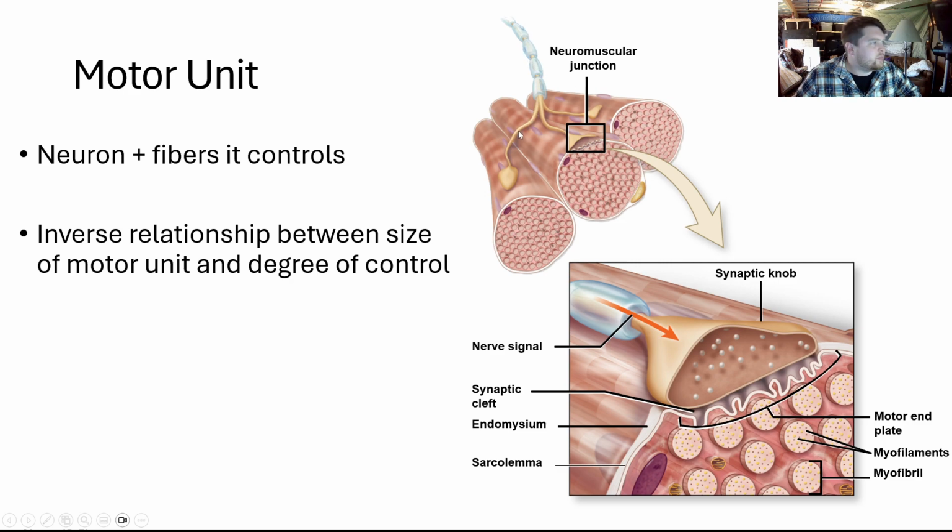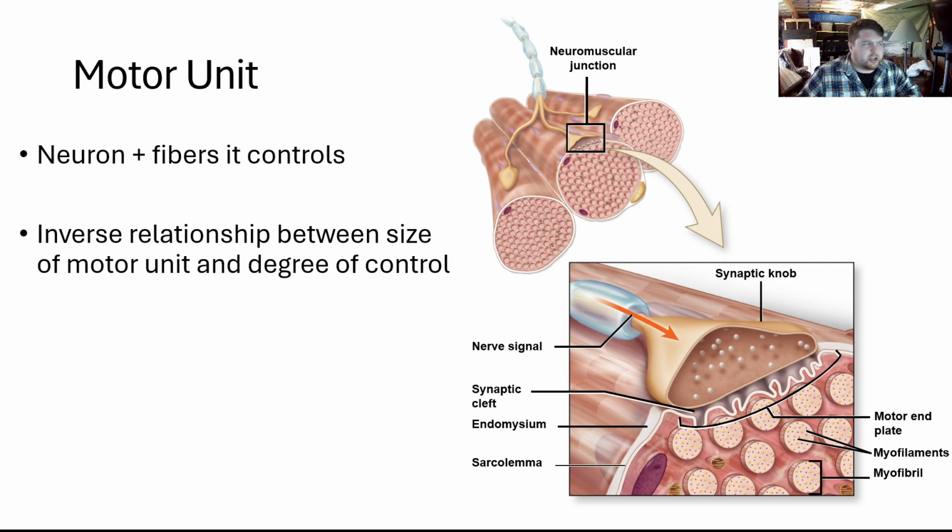So a motor unit is one neuron and all of the muscle fibers or muscle cells that it innervates and controls. Okay?